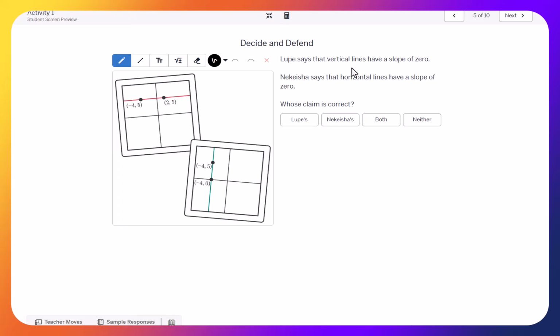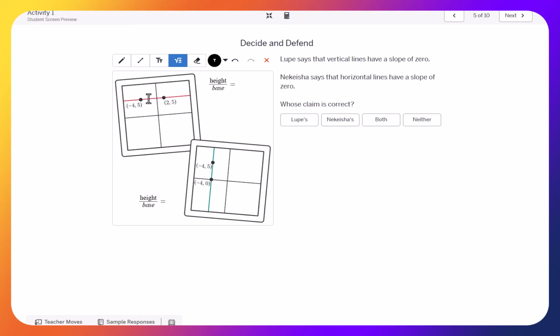It says Lupe says that vertical lines, like the green one, have a slope of 0. Nikisha says that horizontal lines, like the red one, have a slope of 0. Whose claim is correct? I'm going to think about this as if I could make a slope triangle, even though you can see that between the 2 points, I can't make a slope triangle.